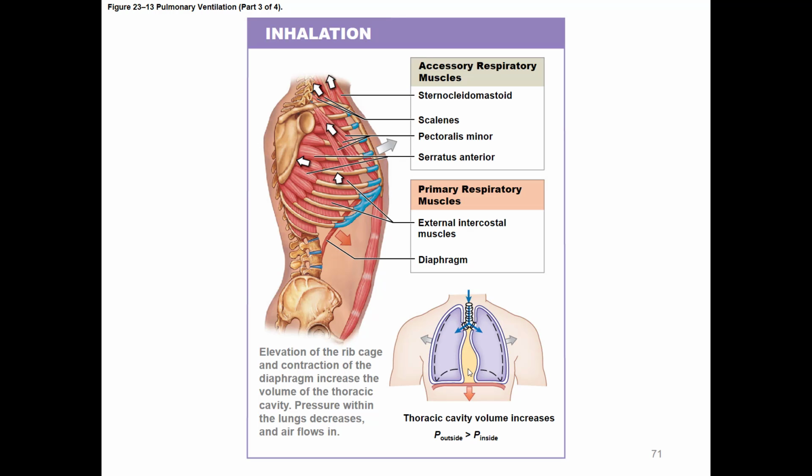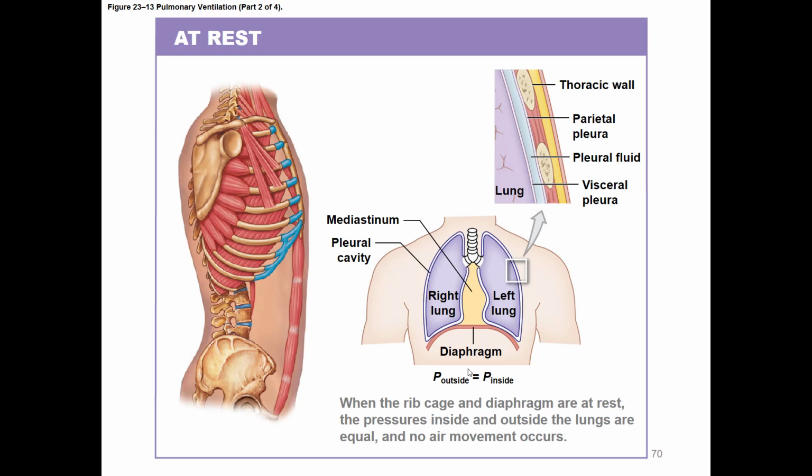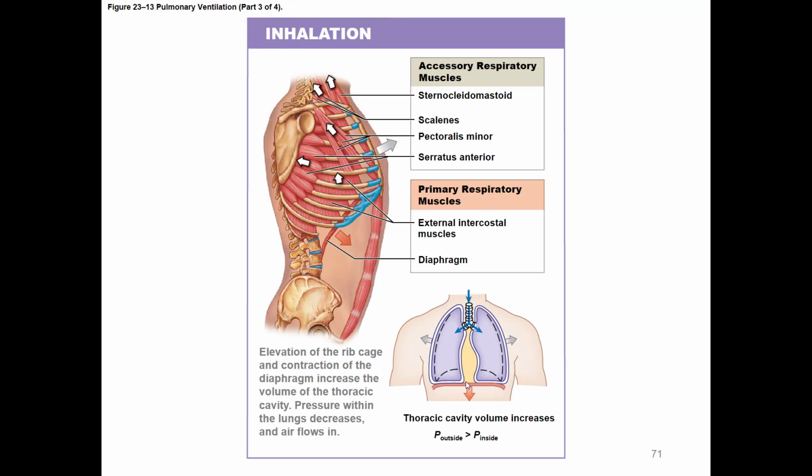So if we look at this picture here, and let's compare it to this picture here, you see the diaphragm relaxed, and now look at it contracted. It has pulled down. When the diaphragm pulls down, this will increase the volume of the thoracic cavity. So now we have more room in the chest.